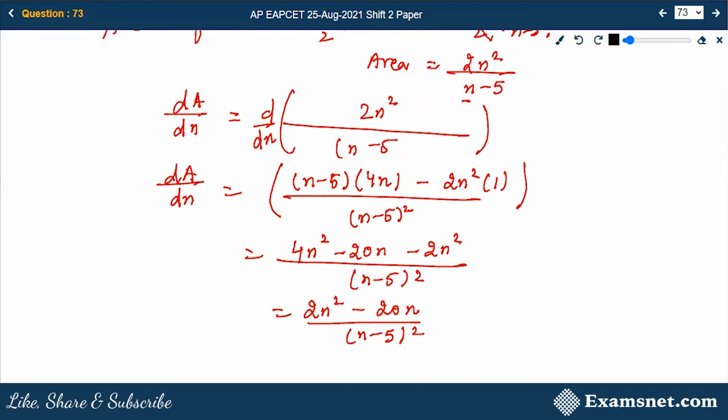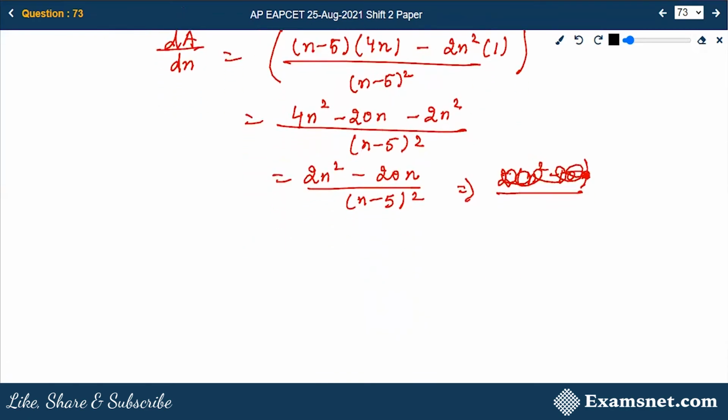Okay, fine. I'll take the 2 common from here. So this is 2n square minus 10n, not n, 10. I'll take 2n common. Just a minute. So this will be 2n into n minus 10 upon n minus 5 square.